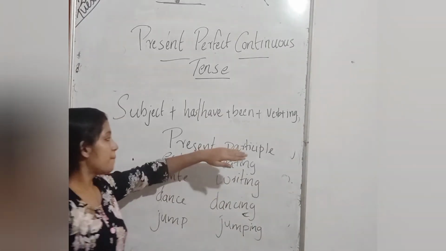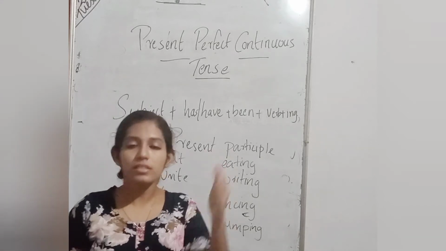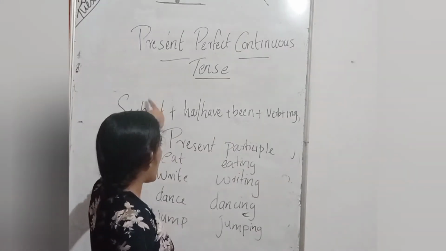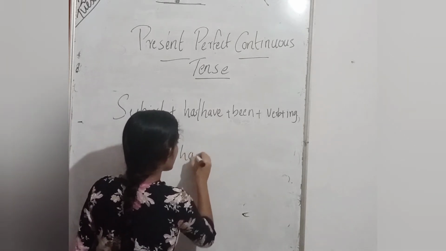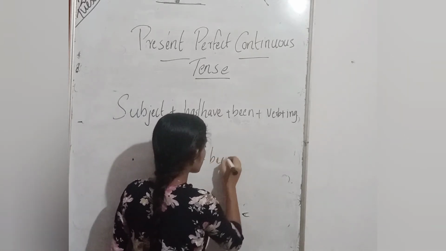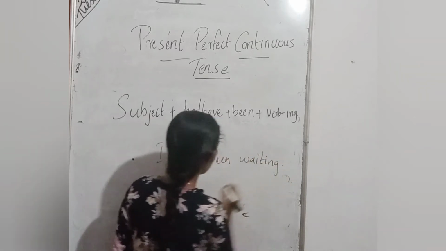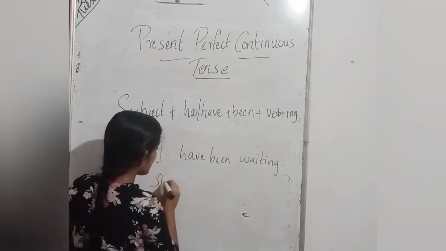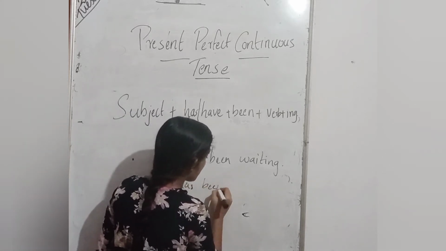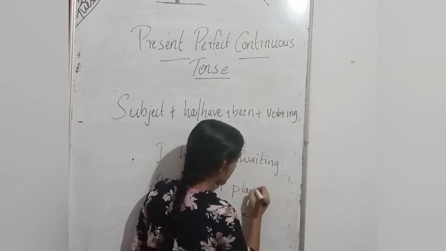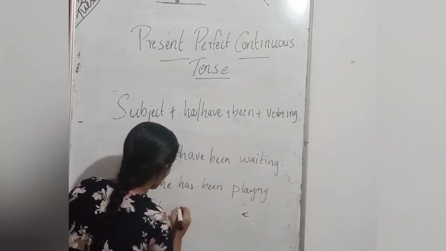We have seen that according to the subject we change have or has. I have been waiting. She has been playing. It has been raining.